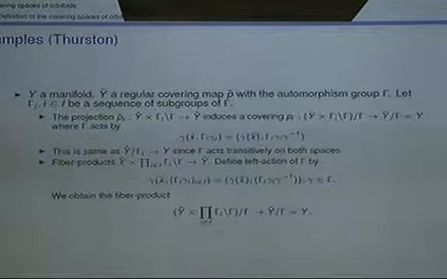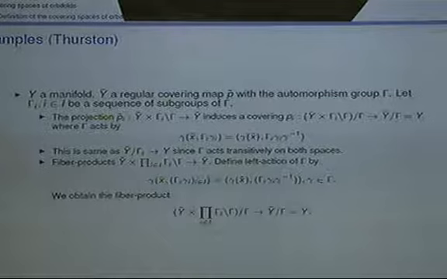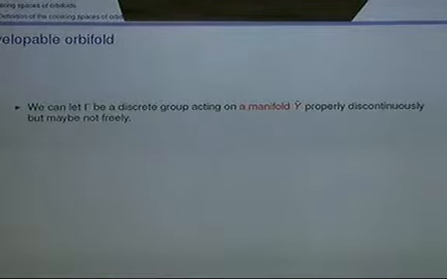Now the main point is that we can actually let this gamma be not a free action, but it could have some fixed points. Then still this construction will go through, and you define an orbifold fiber product in this way. This is exactly the same construction, and that's what Thurston noticed first, I think.